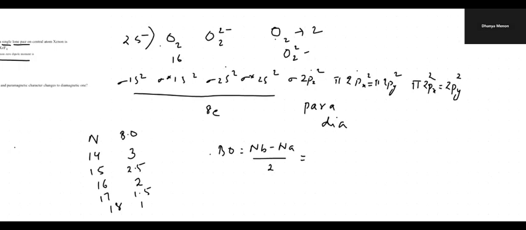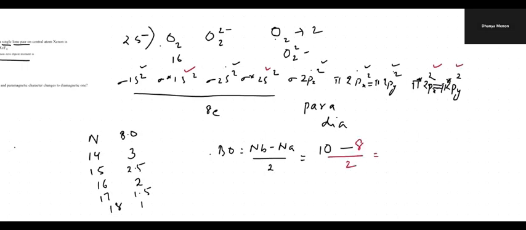So this is the star one. So 2 to 4, 5, 6, 7, 8, 9, 10. 10 minus antibonding, which is 2 to 4, 5, 6, 7, 8. 2 by 2 is 1.